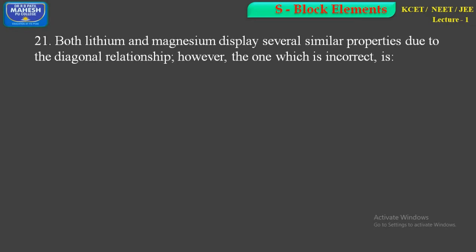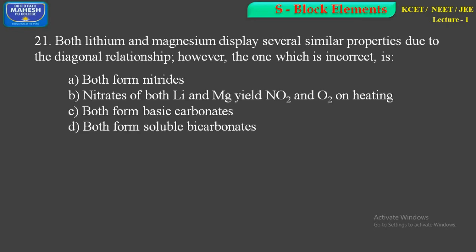However, the one which is incorrect is option A, both form nitrides. Option B, nitrates of both lithium and magnesium yield nitrogen dioxide and oxygen on heating.